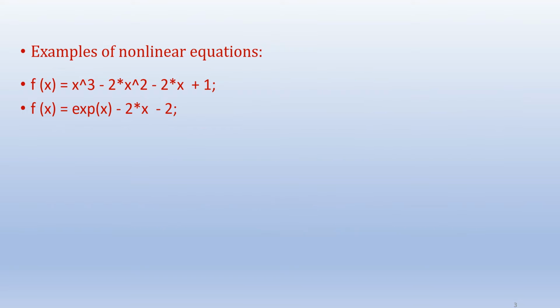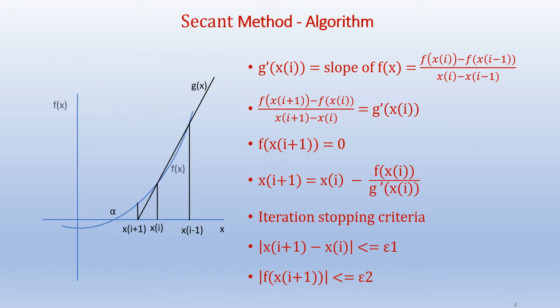Some examples of nonlinear equations are given below. The first one is an algebraic equation and the second one is a transcendental equation. The algorithm for the secant method is given below.